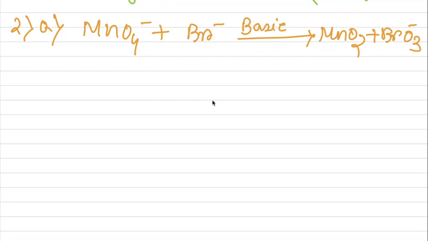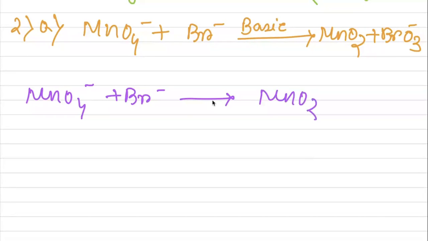I'm writing the reaction again. You have to say me the oxidation state of manganese in MnO4 minus. See, in MnO4 minus, what will be the oxidation state? 6?